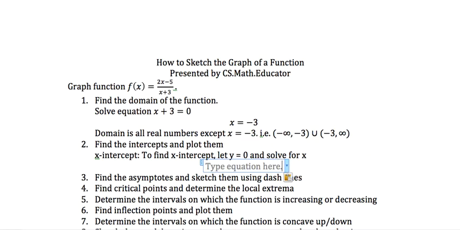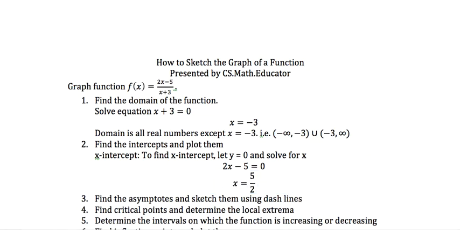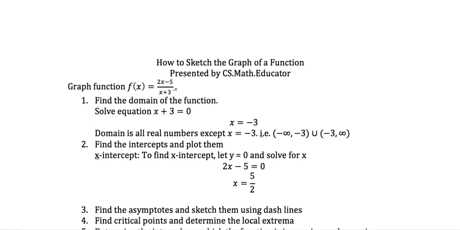Since this is a fraction, it equals 0 if and only if its numerator equals 0. So we actually will solve 2x - 5 = 0. This simply gives us x = 5/2. So that's the x-intercept. The graph will pass through the point (5/2, 0).